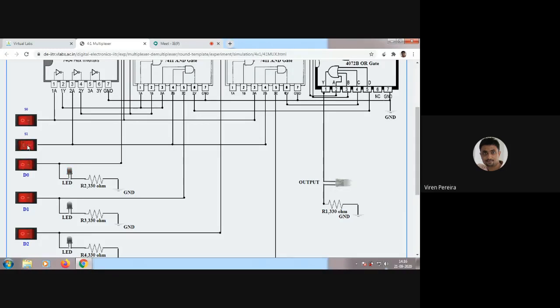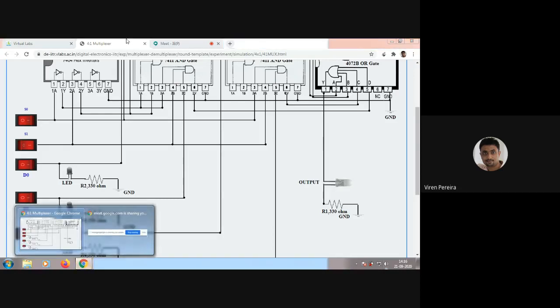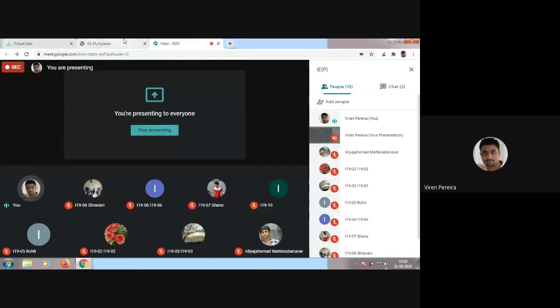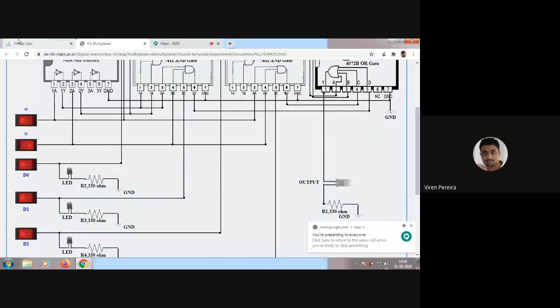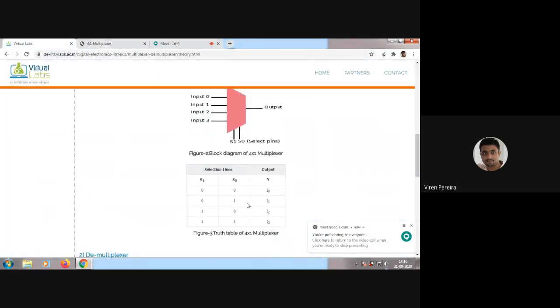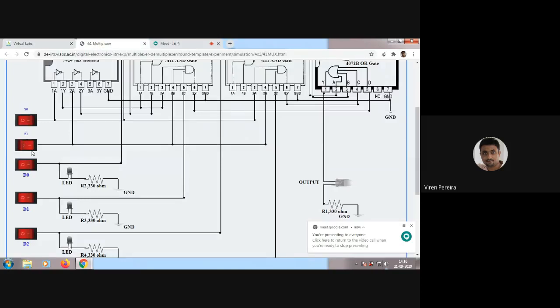Let's take now 0 and 1. As per the theory, 0 and 1 is basically I1. So here we have 0, here we have 1. So when D0 is pressed, it doesn't affect the output. But what affects the output?